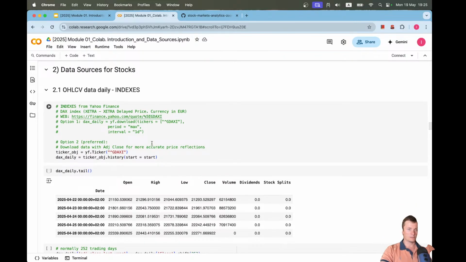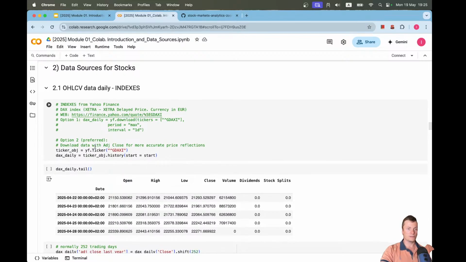So you can just reuse this code. There are a few examples.